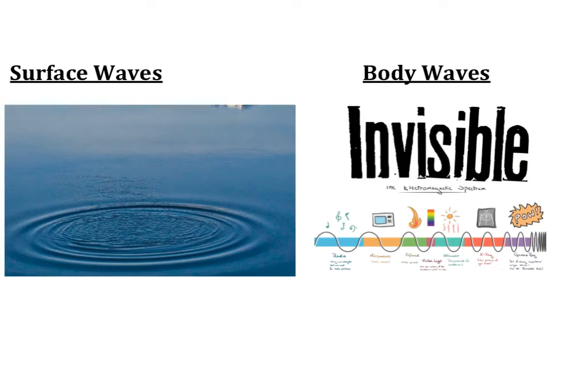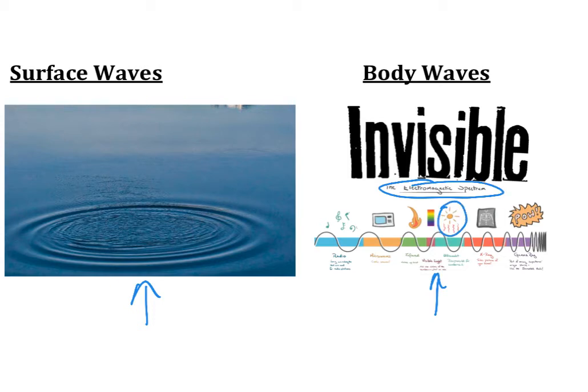So something that might help you to think about these two different major types of waves, the surface waves and the body waves. Again, I always think of this ripple for our surface waves because you see that on the surface of the water, and those are the ones that cause the damage. And then I think of body waves as these invisible waves, the things that you don't really see because they travel deep into the earth, kind of like the electromagnetic spectrum, which is all of the light that we can get.